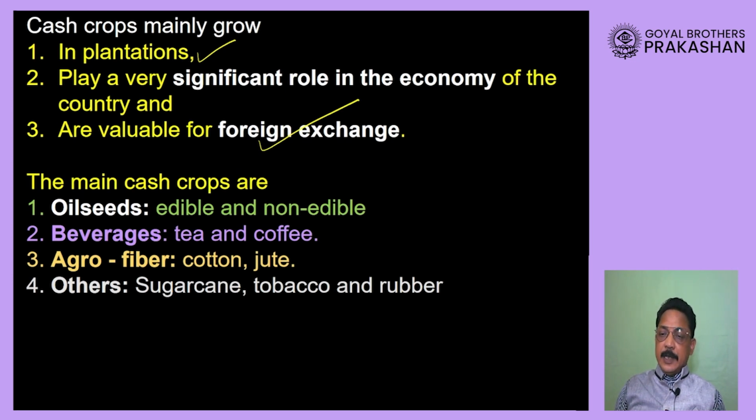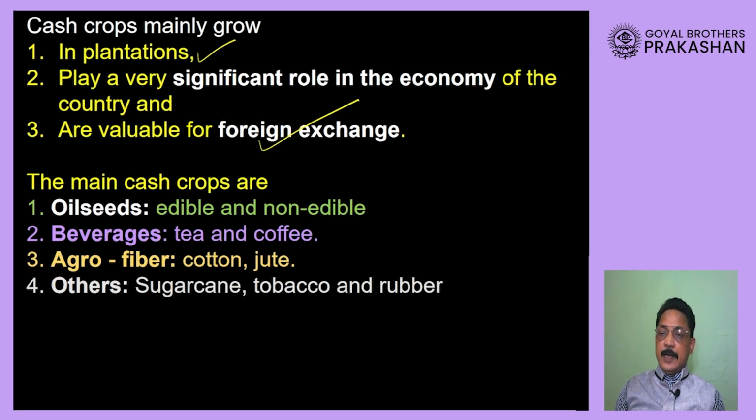Now we can categorize these cash crops as oil seeds, which are either edible or non-edible oil seeds. Then we have beverages, that means soft drinks like tea and coffee. Then agro fiber, that is obtained in the form of silk, cotton, and jute.